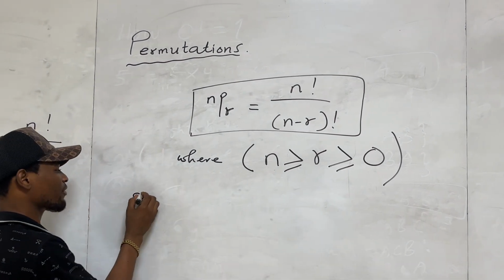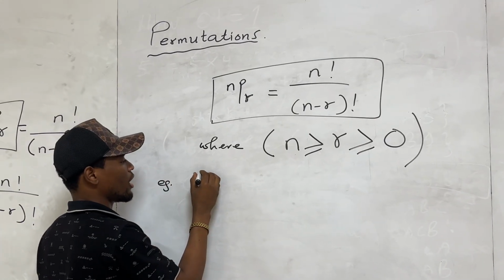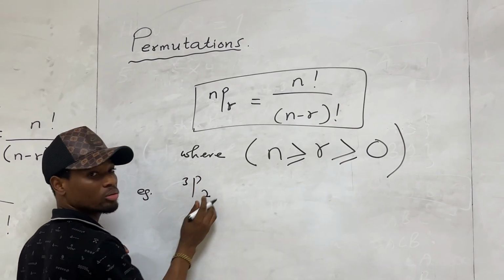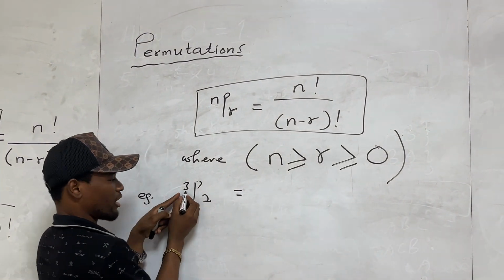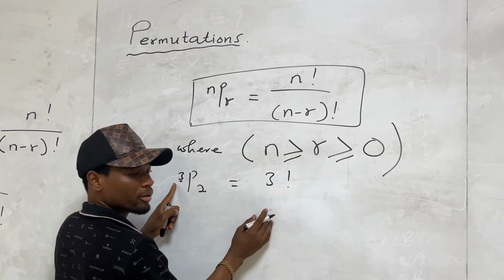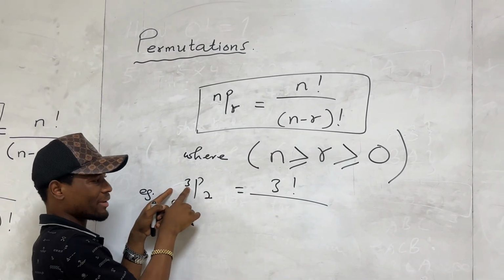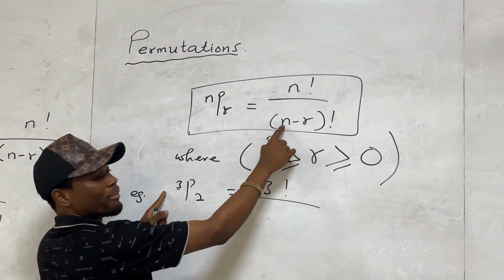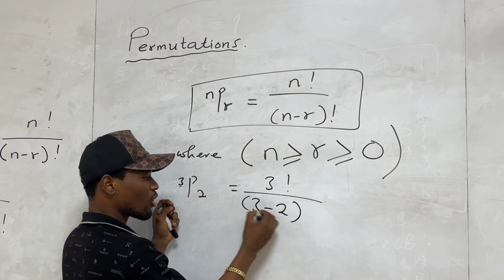So for example, if I have 3 permutation 2, this is given by the first number on top, which is n, so you have 3 factorial, then all over the difference, you subtract r from n. So I have 3 minus 2, all factorial.